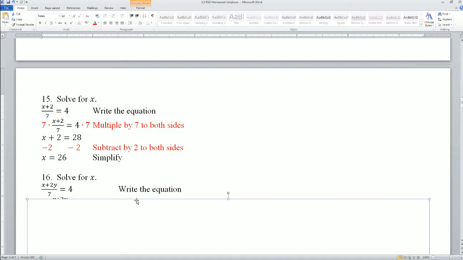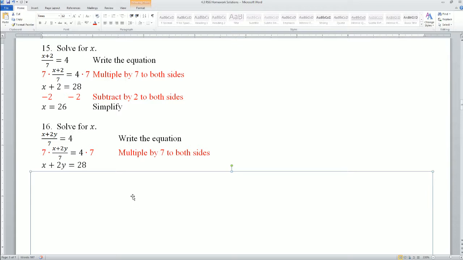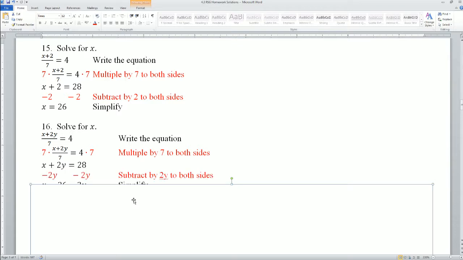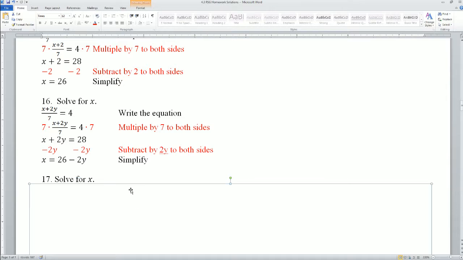I have x plus 2y divided by 7 equals 4. That is the original equation. Multiply both sides by 7. I get x plus 2y equals 28. Subtract 2y from both sides. x is equal to 28 minus 2y after I simplify.